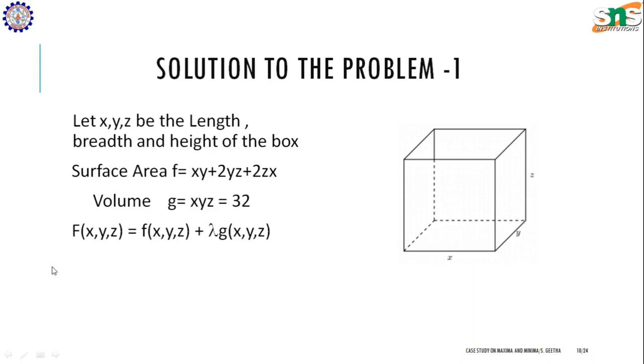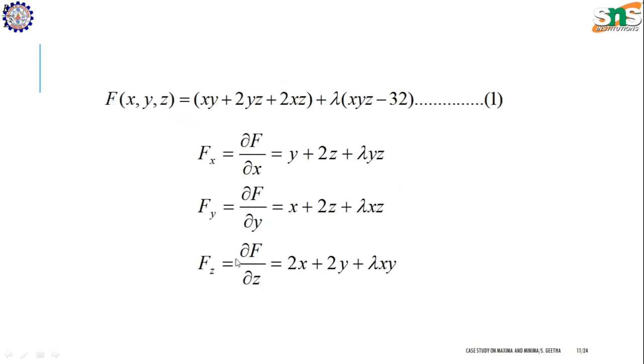Now let us consider the function capital F equal to small f plus lambda into small g. So capital F(x, y, z) is equal to xy plus 2yz plus 2xz plus lambda into (xyz minus 32). Now Fx, that is equal to dou F by dou x.